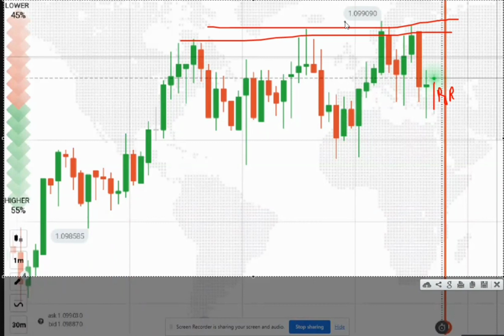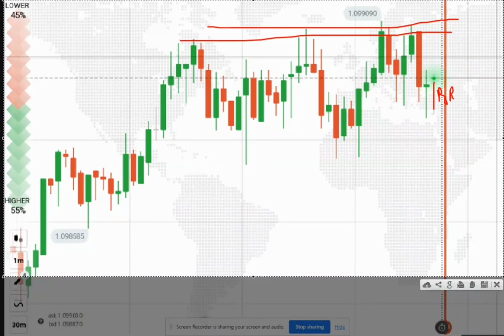This is very important. If I want to draw the fair value gap, I will draw something like this, here and here. Now let's assume the price closes inside the gap. I think sellers are definitely going to enter.